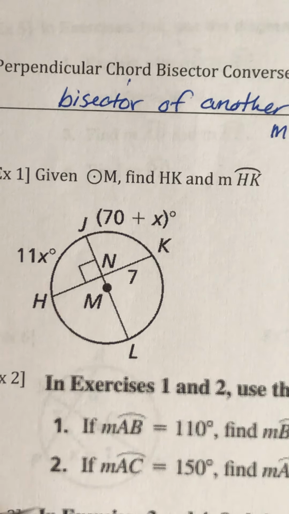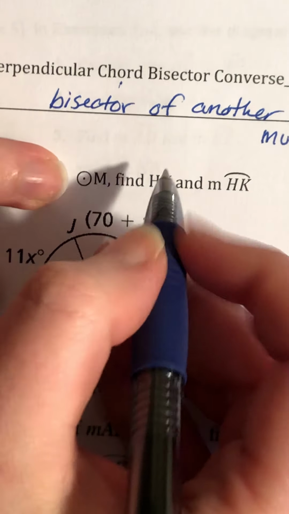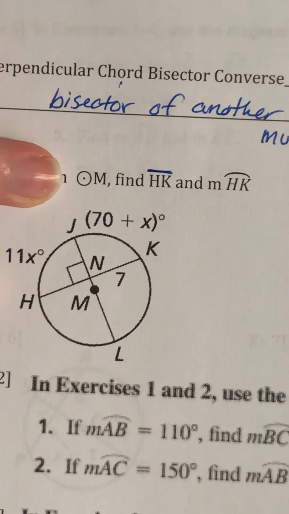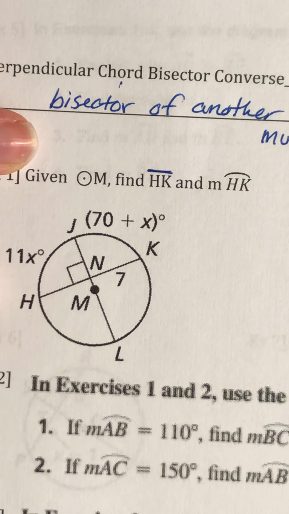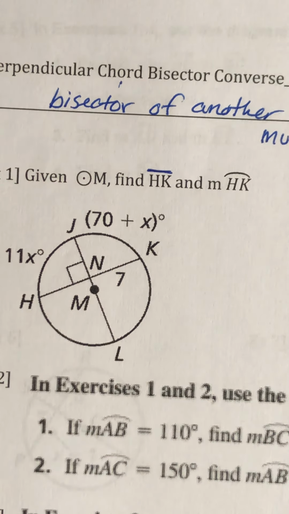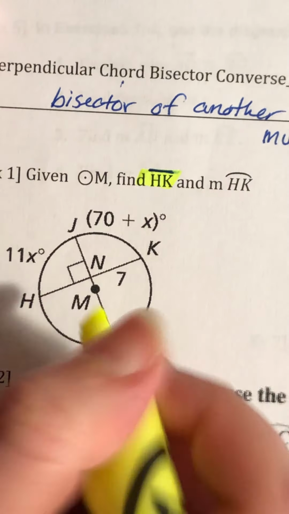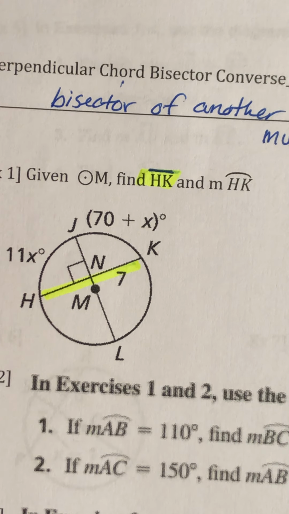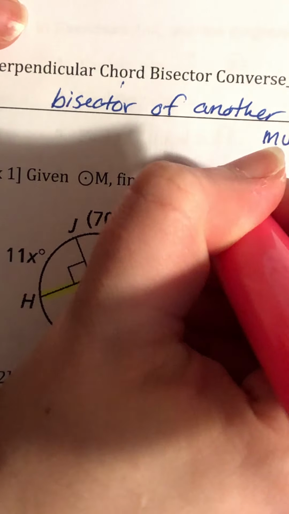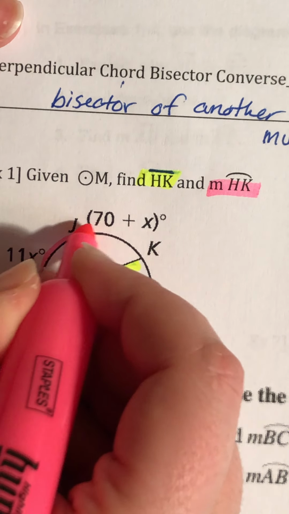We have here, given circle M, find HK and the arc HK. So I want to find the length of the segment, and then I want to find the degree measure of the arc.